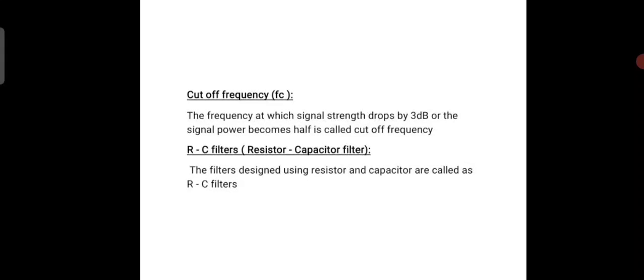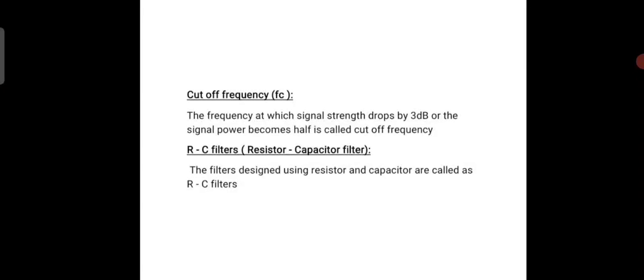The filters designed using a resistor and a capacitor are called RC filters because we use these two components for the construction of the frequency filter. Hence it is also termed an RC frequency filter, or in short, RC filters.